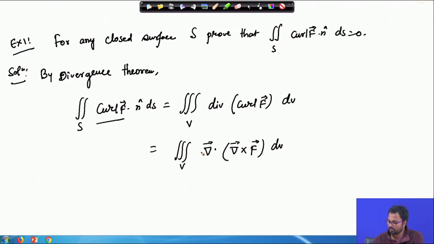We can show that this thing here will actually be 0. So, this leads to 0 dV, and therefore the whole thing is 0. Since divergence of curl of f equals 0, the whole volume integral will be 0.